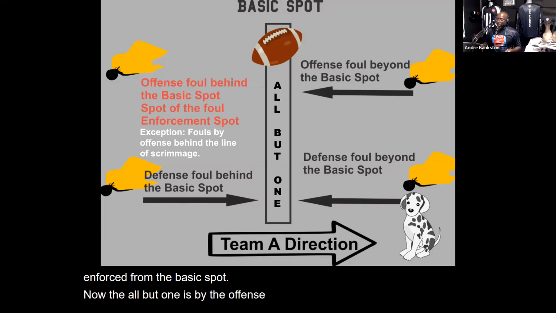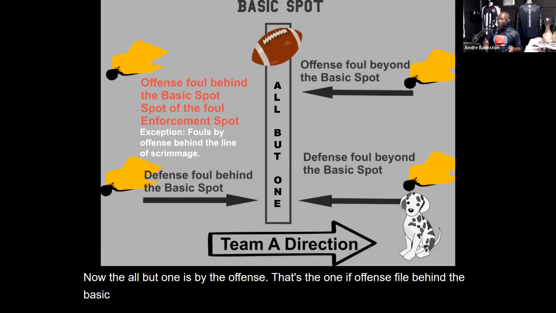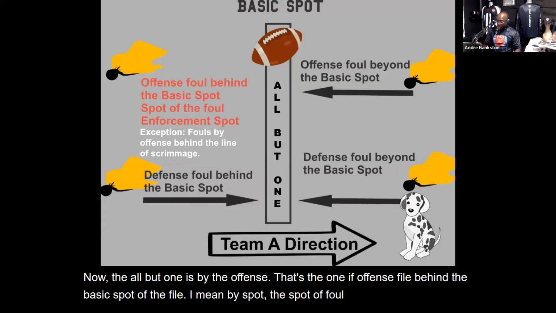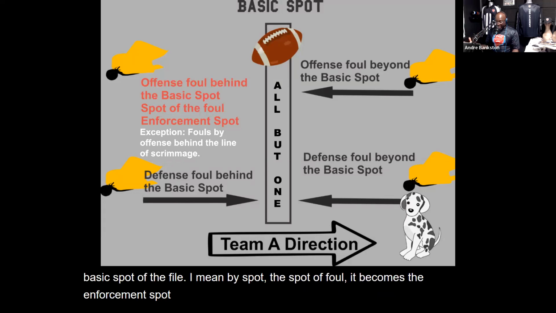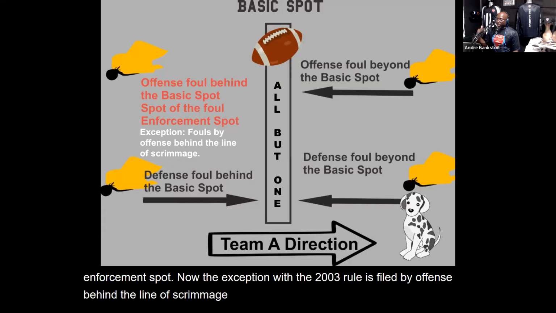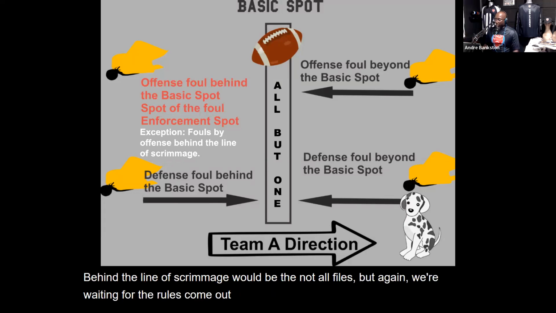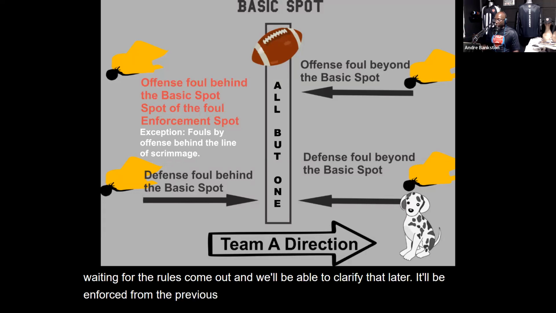That's the one. If offense foul behind the basic spot, the spot of the foul becomes the enforcement spot. Now, the exception with the 2003 rule is fouls by offense behind the line of scrimmage would be not all fouls, but again, we're waiting for the rules to come out and we'll be able to clarify that later. It will be enforced from the previous spot, which is the line of scrimmage.